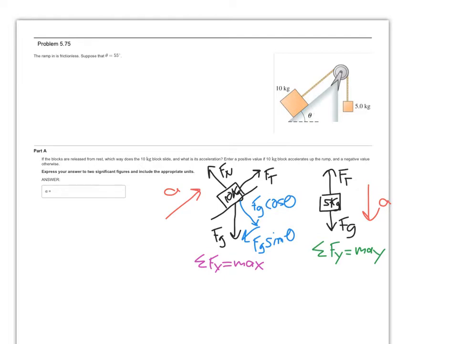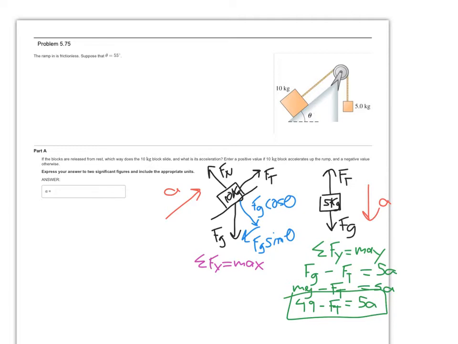So assuming the acceleration of the 5 kilogram is down, that F equals ma is going to be Fg minus Ft equals 5a. And I can substitute in for Fg, it's just going to be mg equals 5a. So 5 times 9.8, I get 49 minus Ft equals 5a.